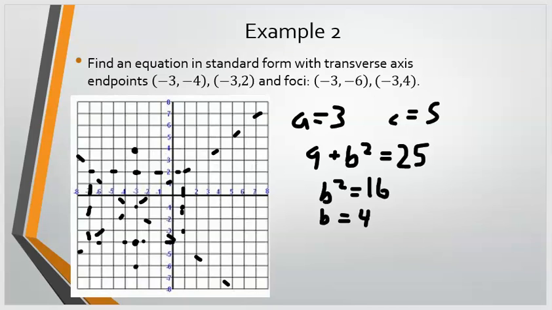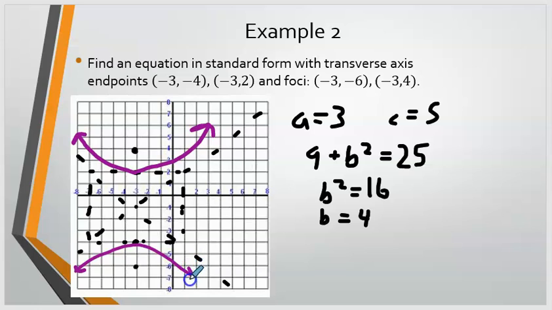For the hyperbola itself, remember that the hyperbola shapes are going to touch the ends that have the transverse axis endpoints. So since those were the dots on the top and the bottom, that means that the hyperbola shape is also on the top and bottom of the box that we drew. It should also go towards the focus endpoint. So if you have those drawn in, then you can use those for reference as well.